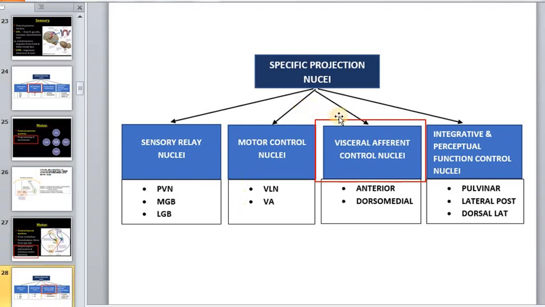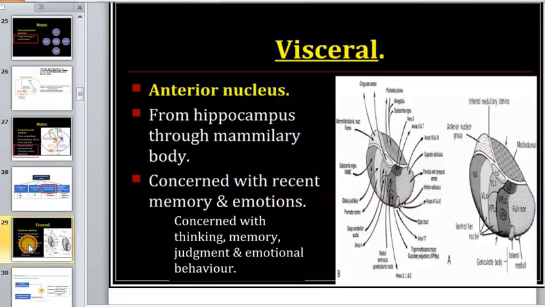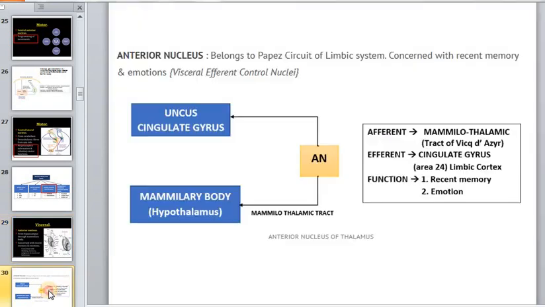The next part of the nuclei is the visceral afferent control nuclei of the thalamic area. Here we see the two parts, anterior and dorsomedial nuclei. We see the visceral nuclei, the anterior nucleus from the hippocampus through the mammillary body, and it is concerned with recent memory and emotions, with thinking, memory, judgment, and emotional behavior.